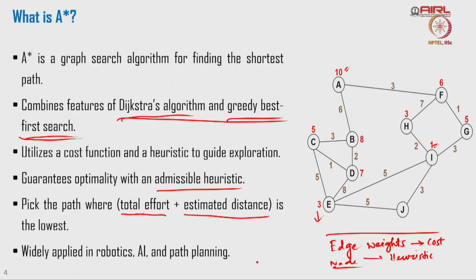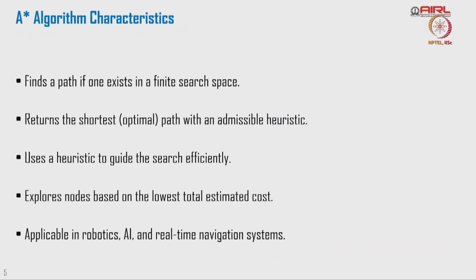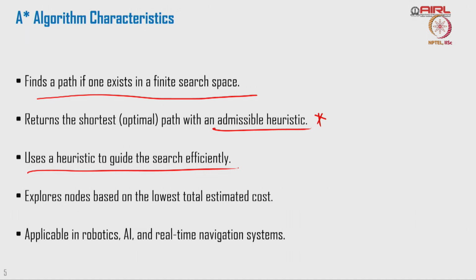It is widely used in robotics, path planning of drones, etc. So, here it finds a path if one exists in a finite search space. Okay. Now, it returns the shortest path with an admissible heuristic, which is very important. Okay. It uses heuristic functions to guide the search efficiently, and explores the nodes based on the lowest total estimated cost.